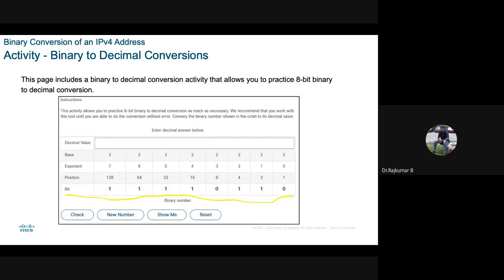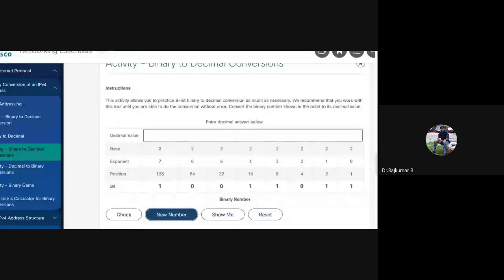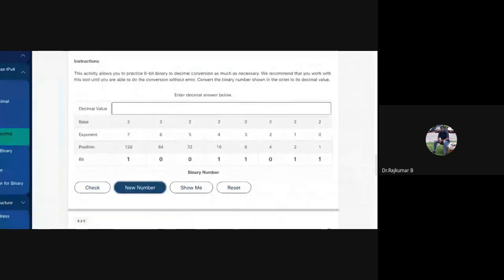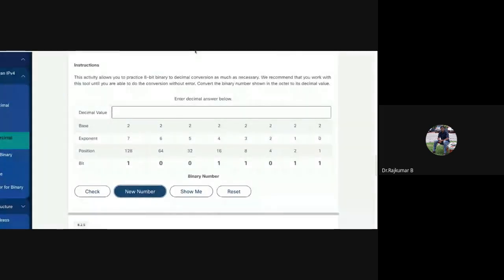That's great. So let us have some more exercise. Let me just share the other screen. Now tell me what is the value of this binary number in decimal?